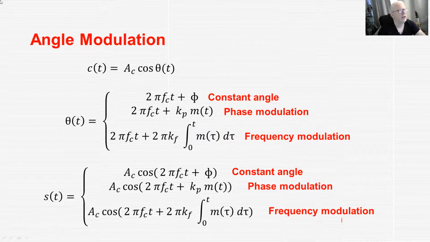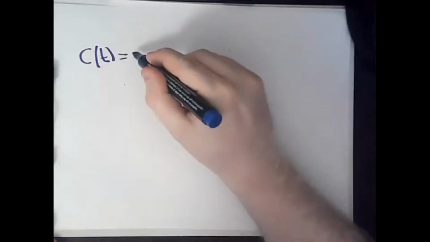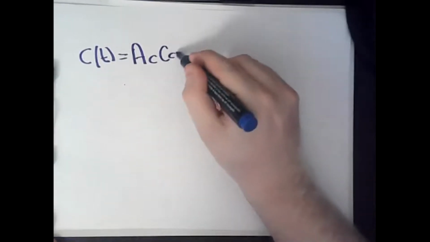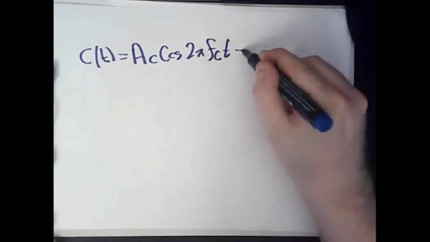So if I return back to my whiteboard and stop share screen, starting from the generic equation for a carrier, you know that the carrier c(t) equals Ac cosine 2 pi fc t plus phi.